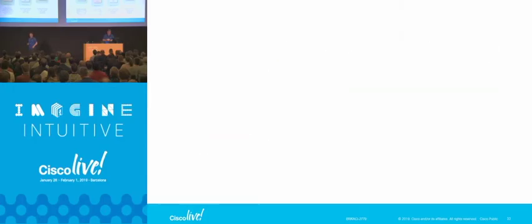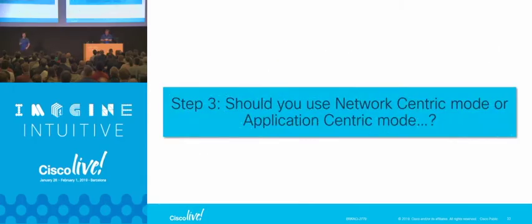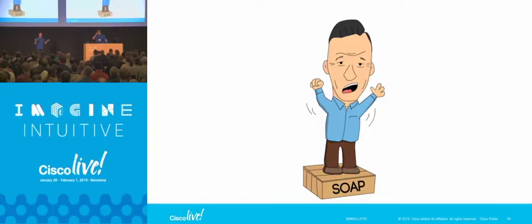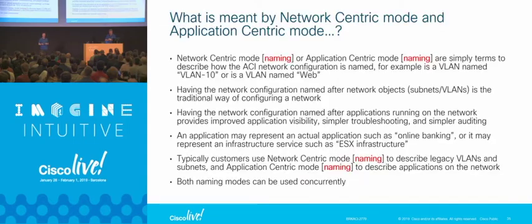Your next consideration is should you use network-centric mode or application-centric mode. Now, I will totally get on my soapbox about this. Network-centric and app-centric is just marketing speak. It's just rubbish. It doesn't actually mean anything. Whenever anyone says this, you just need to insert the word naming after every time you say it.